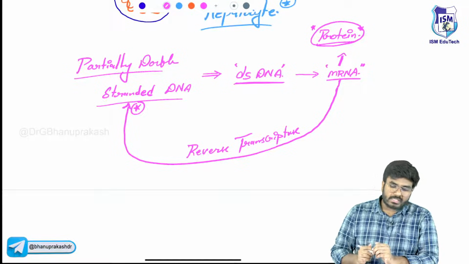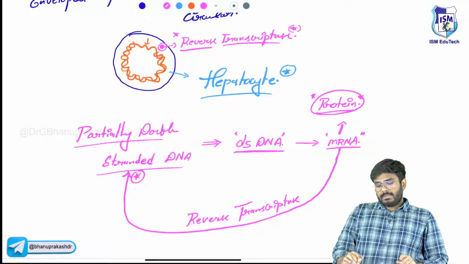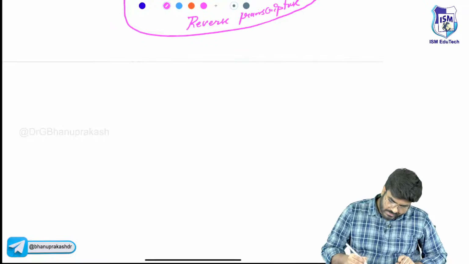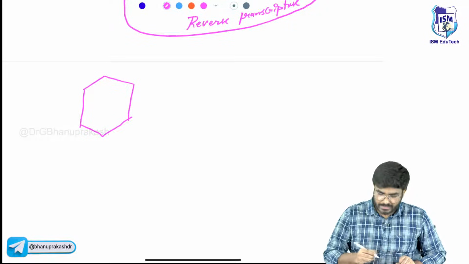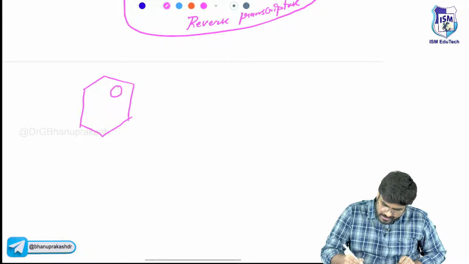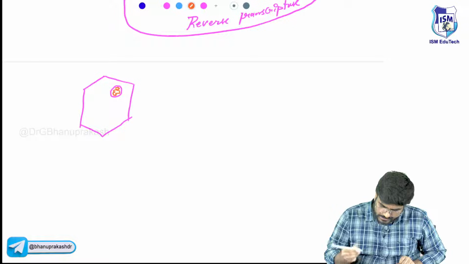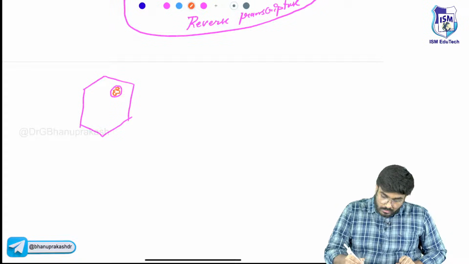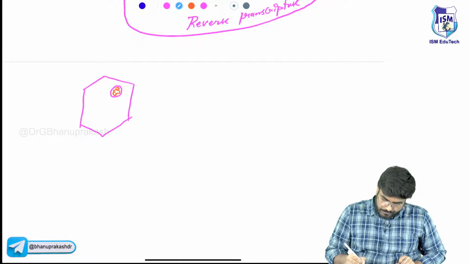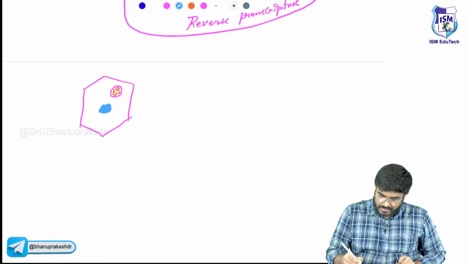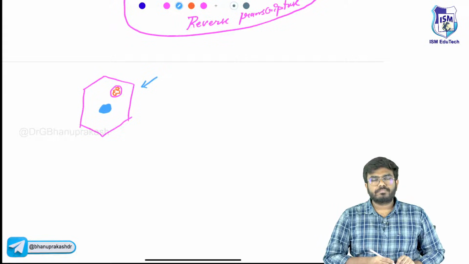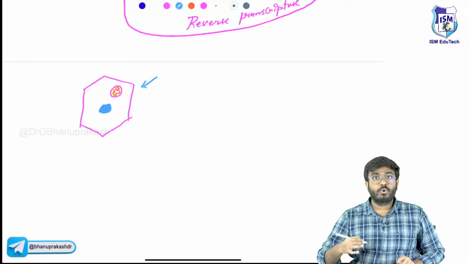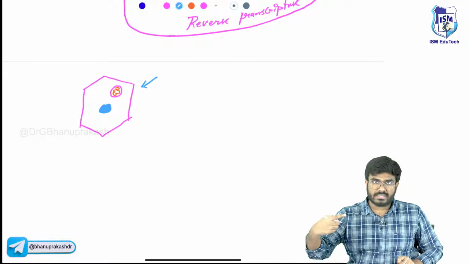Okay, so this is the one thing which I want you to know. Now this is a hepatocyte, and inside this hepatocyte there is this hepatitis virus present. Now our immune system will recognize that in this hepatocyte there is a virus growing. It is multiplying, making more copies by the reverse transcriptase.